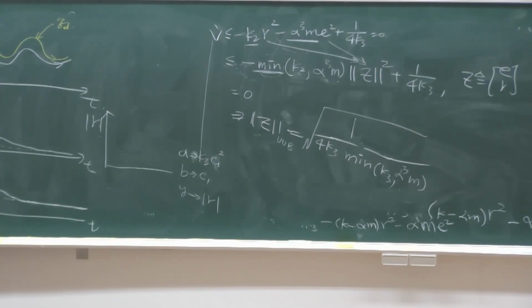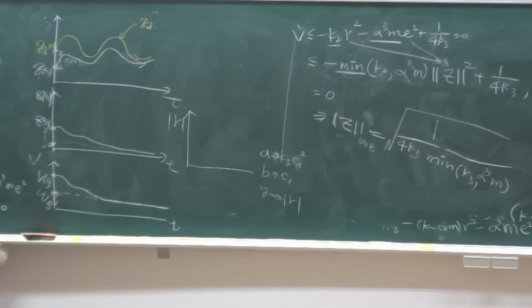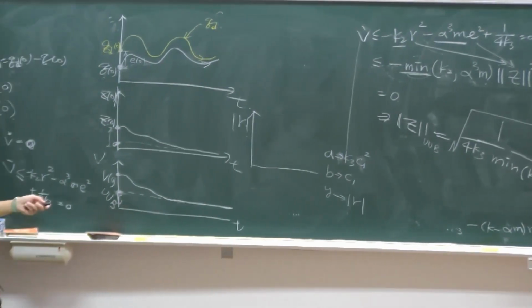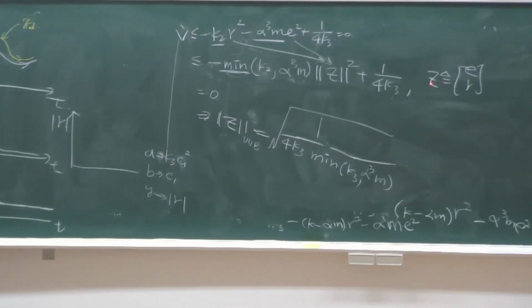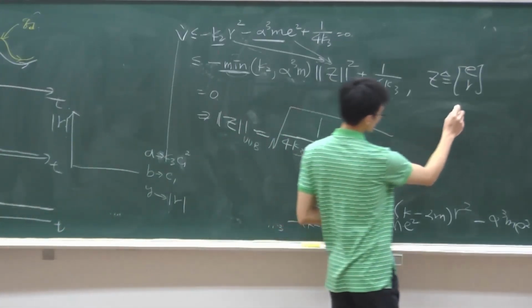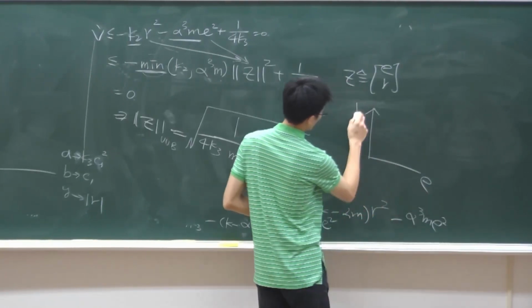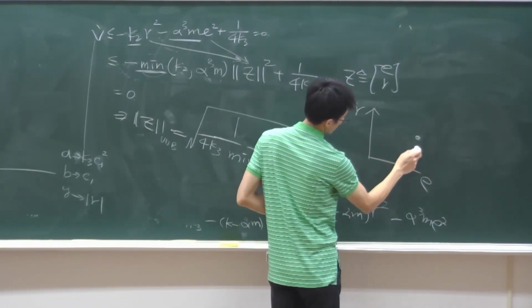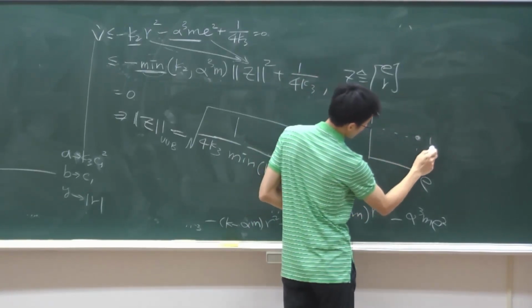According to the V value, you know what the Z value is. The Z norm is the norm of this variable, think of it as x and y.